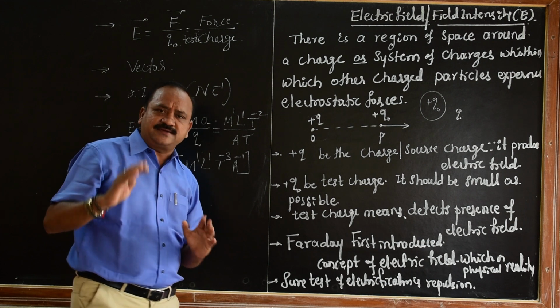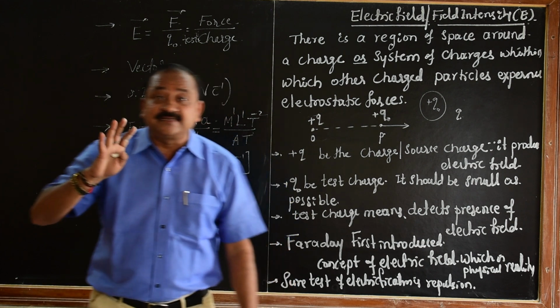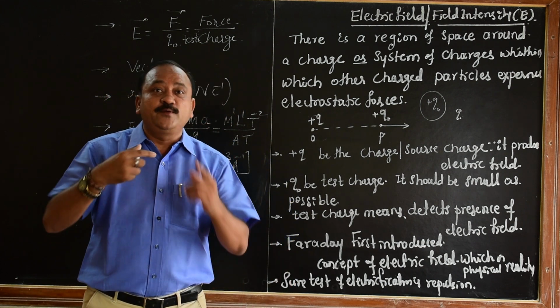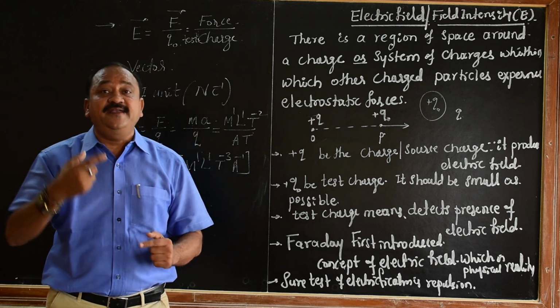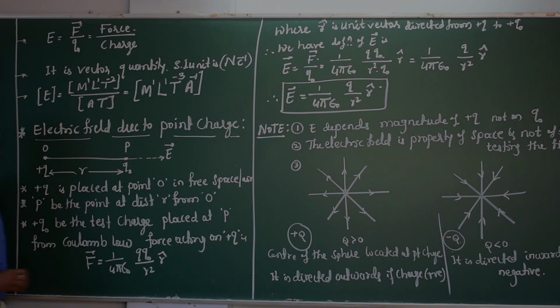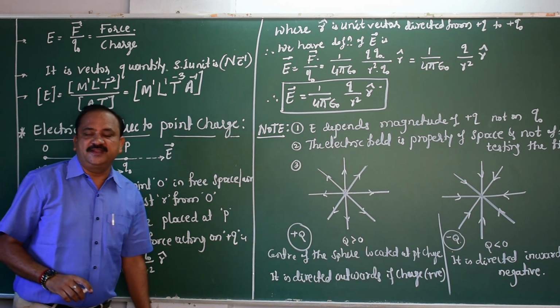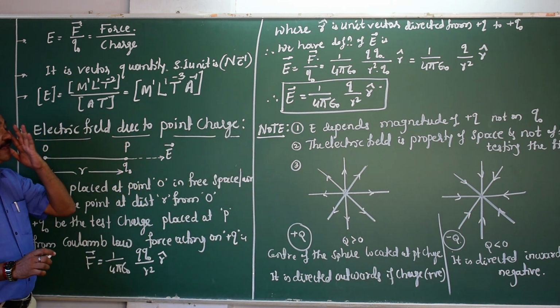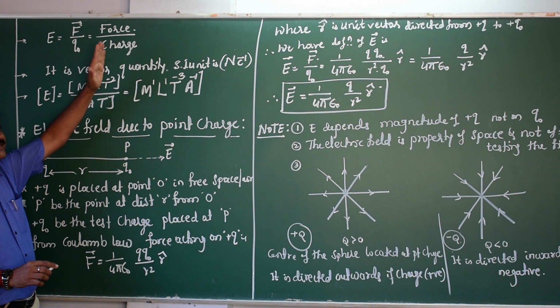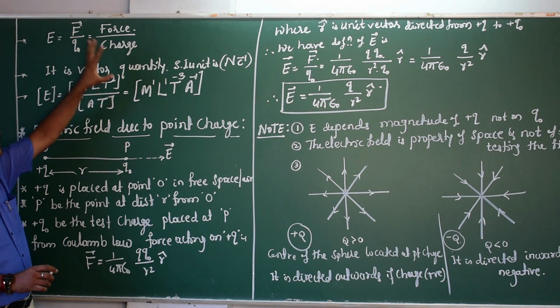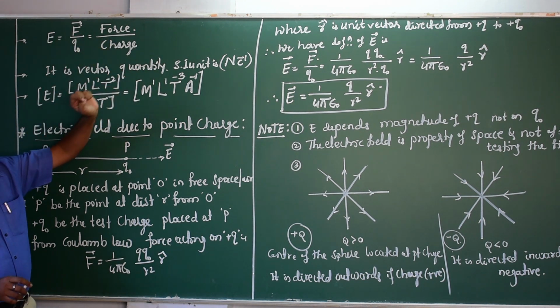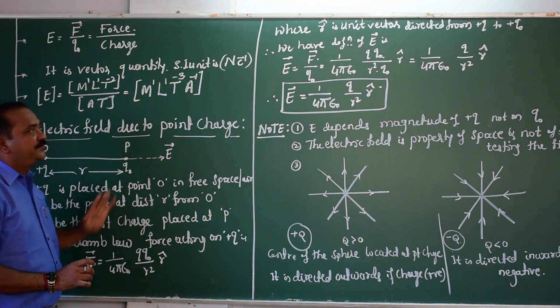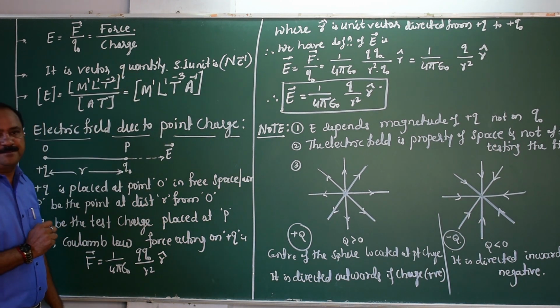You try to know that. After discussing electric potential, you will be able to compare the electric field and potential concepts. We have discussed the electric field formula, that it's a vector quantity, the SI unit, and also the dimensional formula.